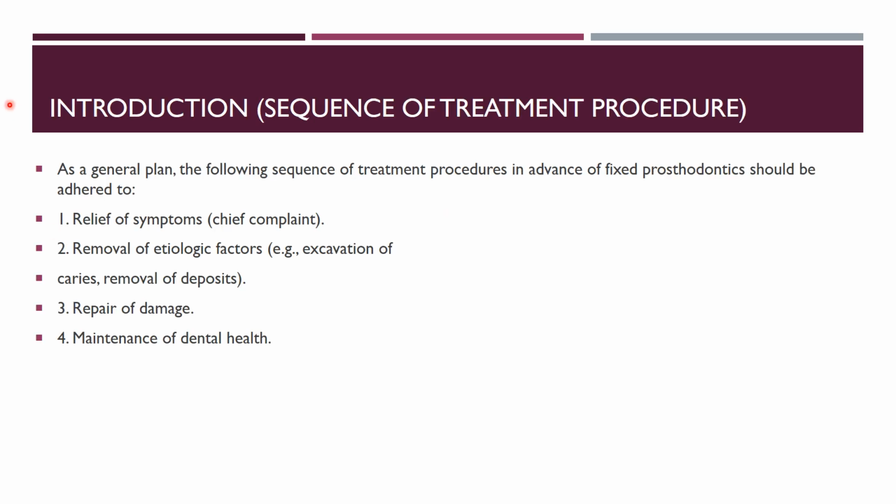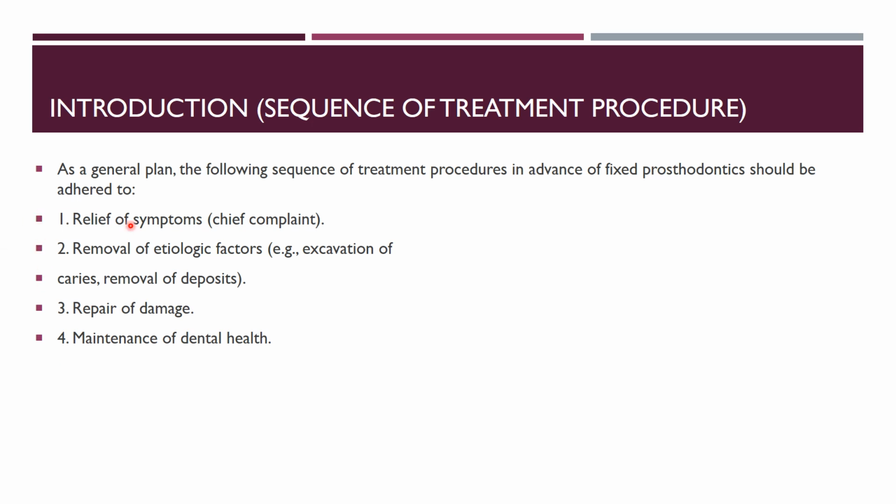Coming to the introduction, there is a sequence of treatment procedures, right? The sequence of treatment procedure before starting an FPD treatment is, as a general plan, we follow these rules.